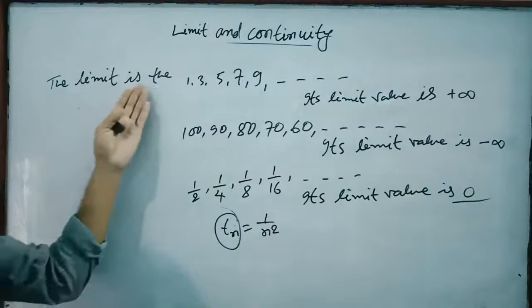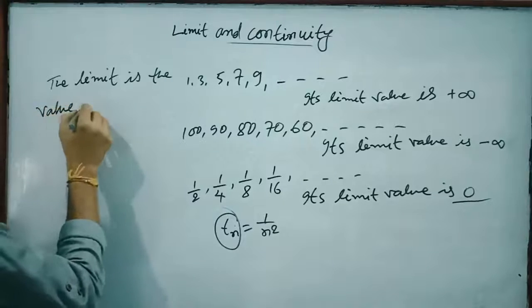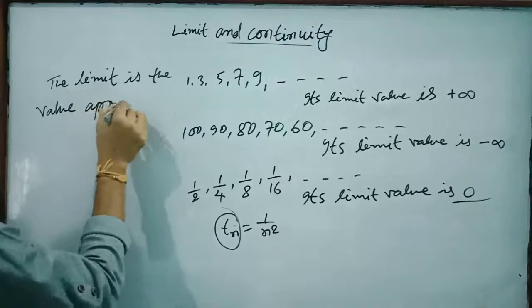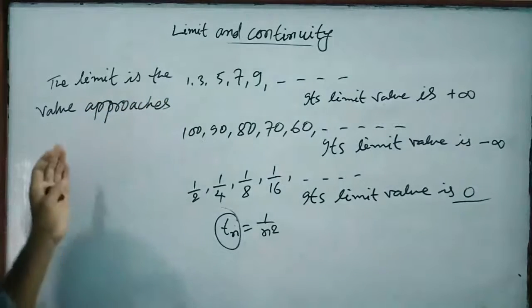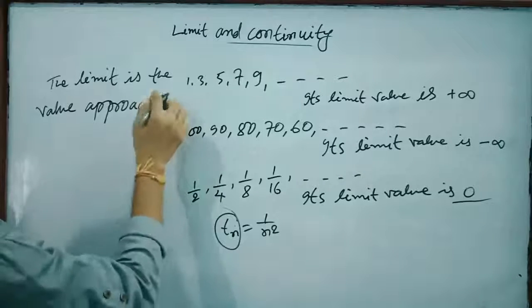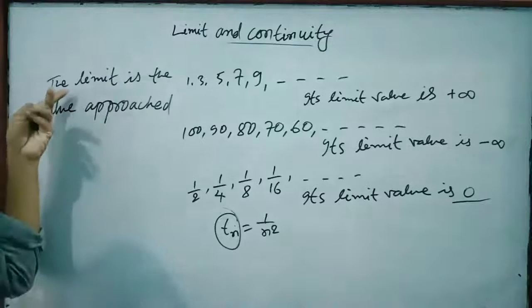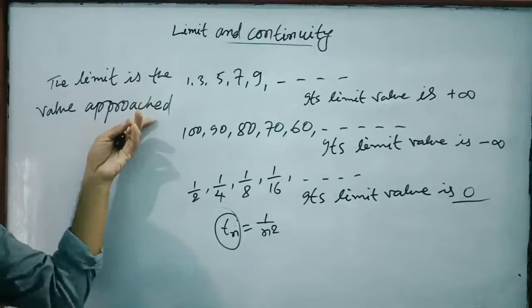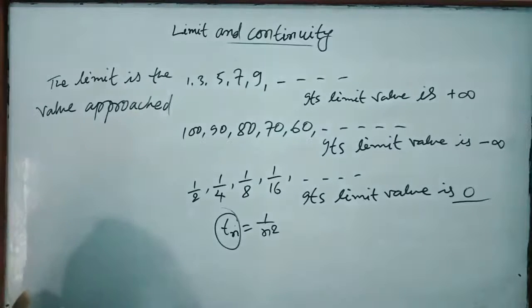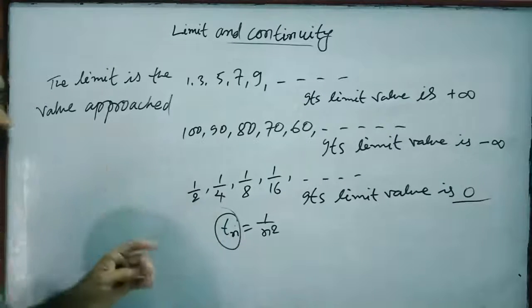So the limit is the value approached. Approached by a function. Tn is the function. The nth term is a function.